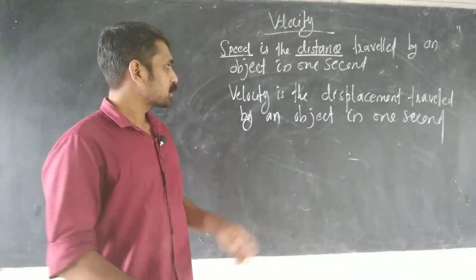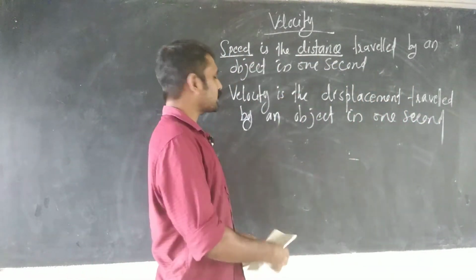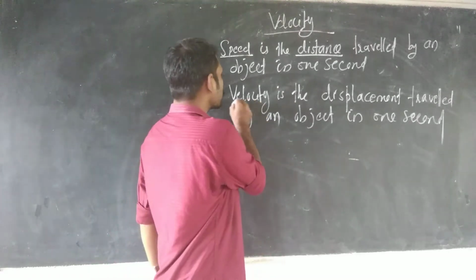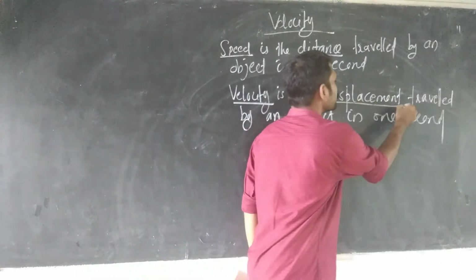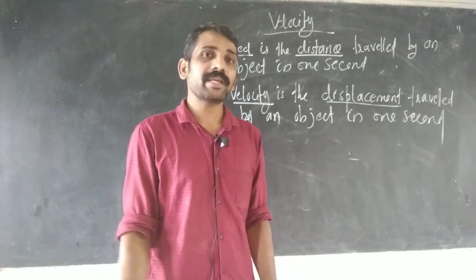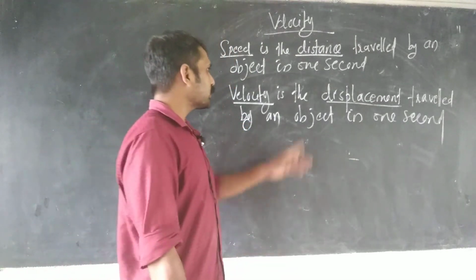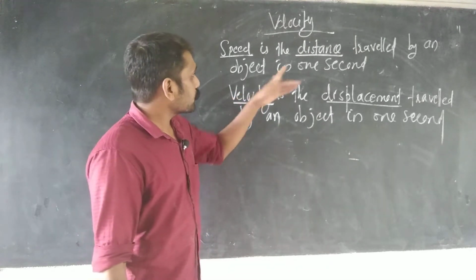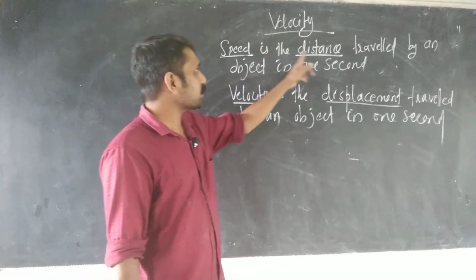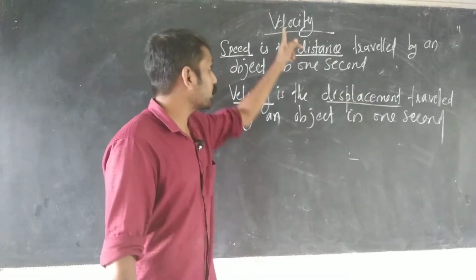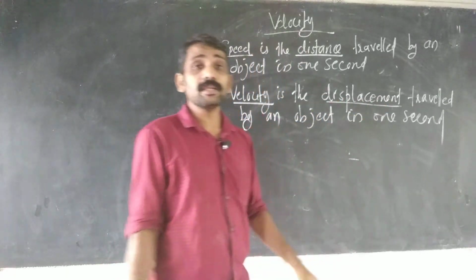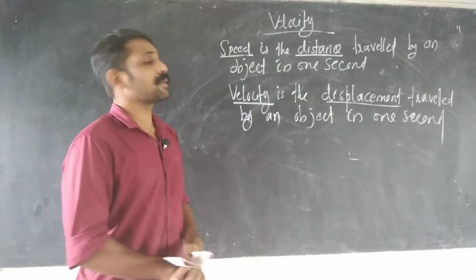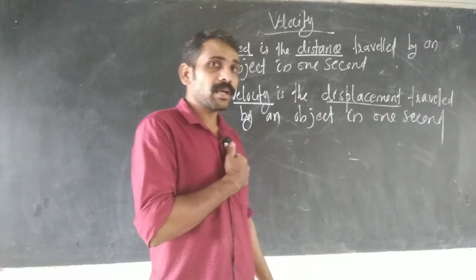So speed is the distance travelled by an object in 1 second, but velocity is the displacement travelled by an object in 1 second. This is the difference.